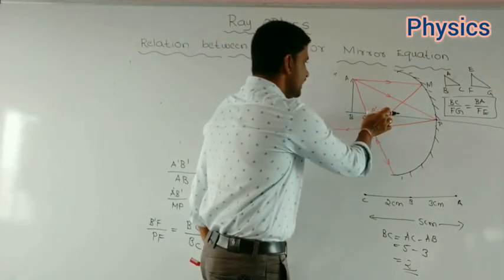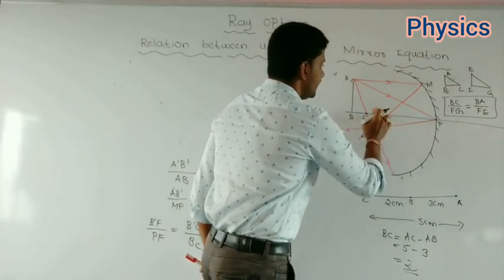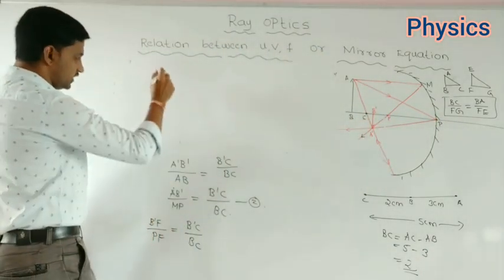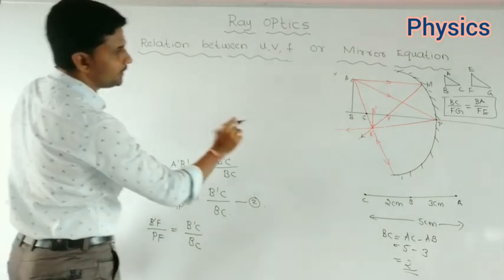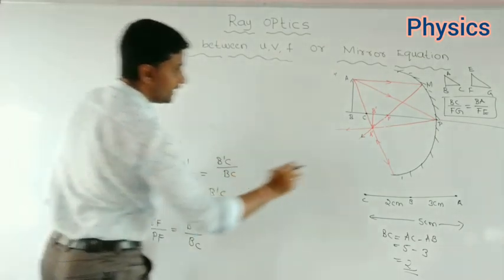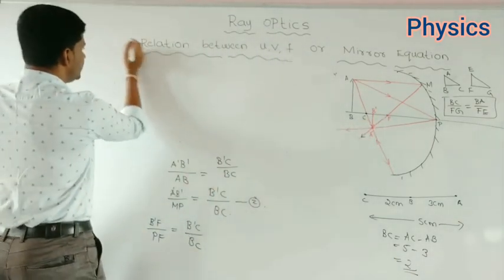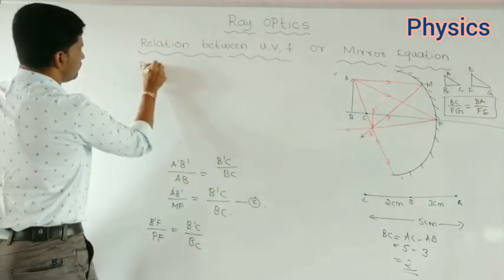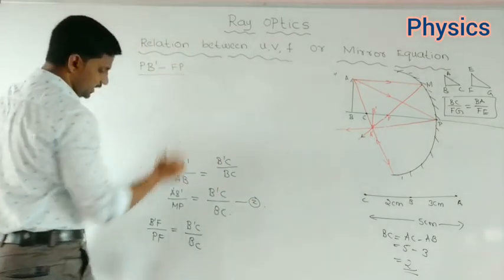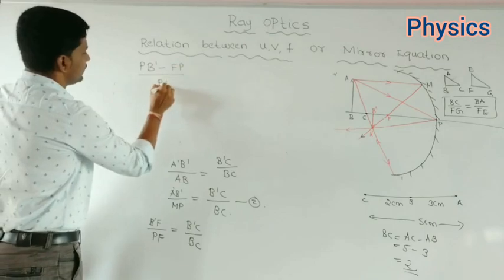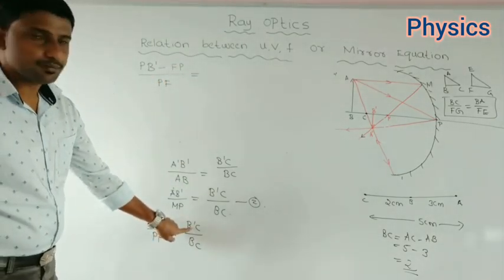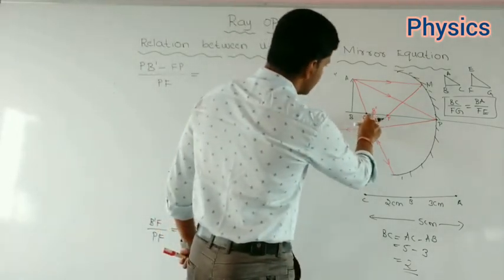I can write B dash F as PB dash minus PF. After substituting, B dash F as PB dash minus FP, divided by PF, that is equal to B dash C. How can I write B dash C?